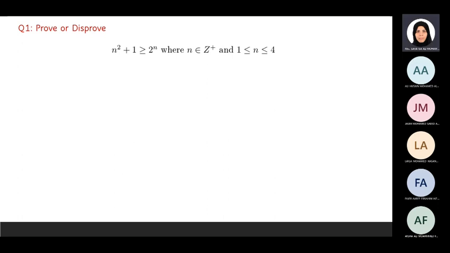Your domain is Z plus, the integer values. And here we have another condition that n should be between 1 and 4. For such questions, if your domain is limited, because the integers between 1 and 4 can easily be listed as 1, 2, 3, and 4.